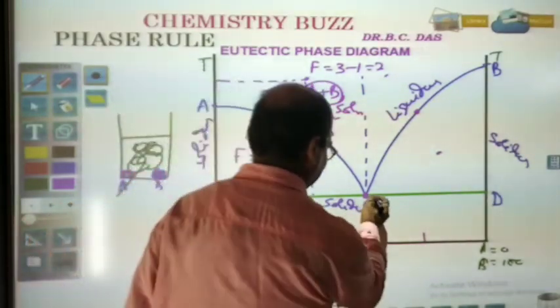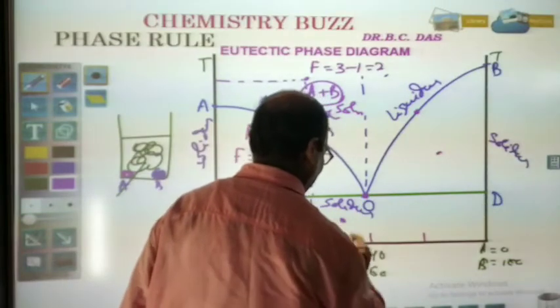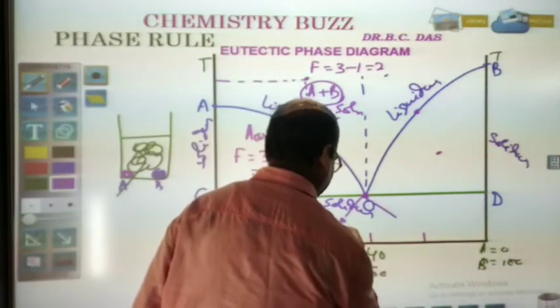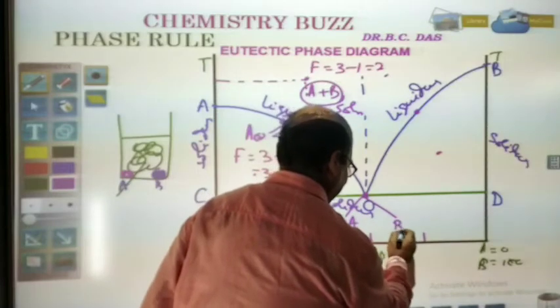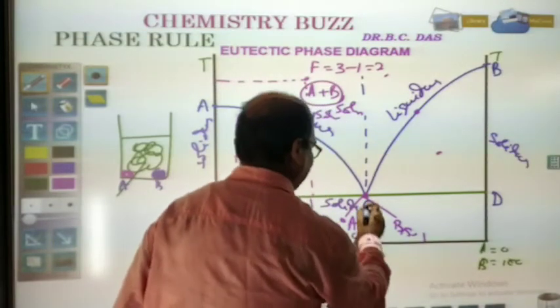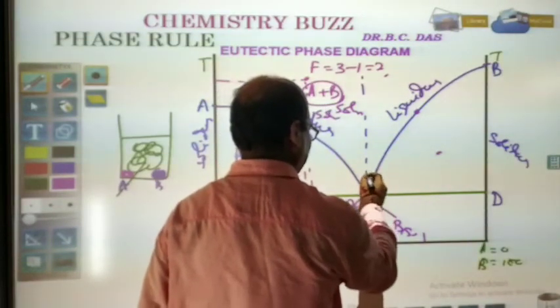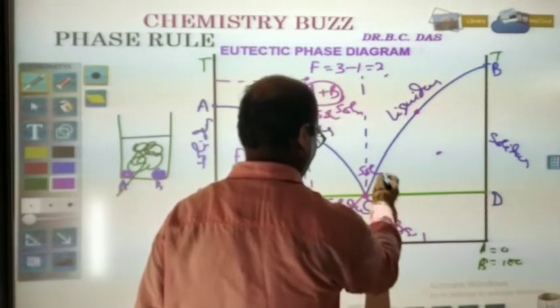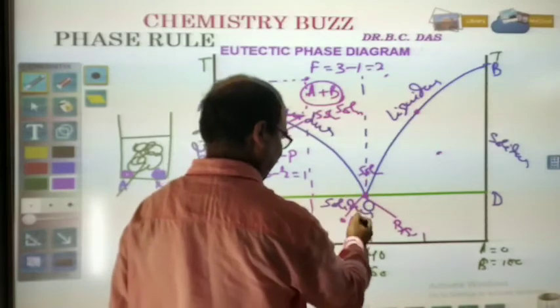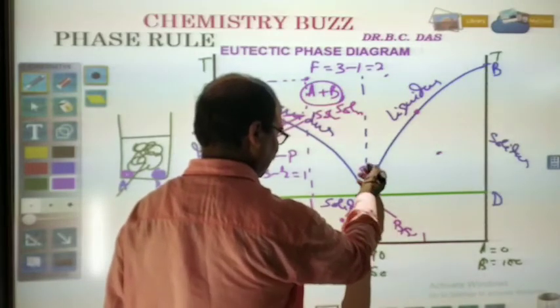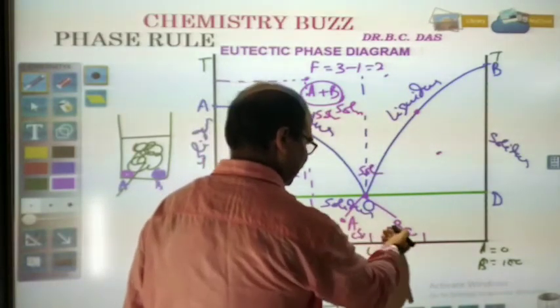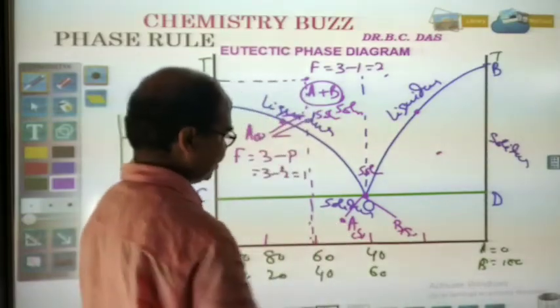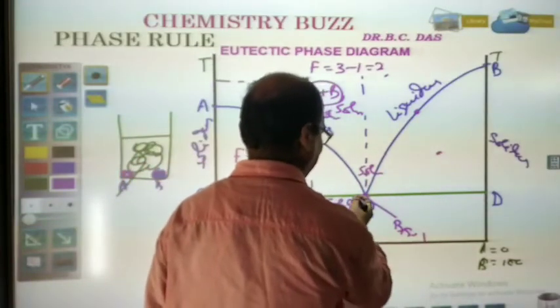Again, say this point. At this point we have two solids, solid A and solid B, and the solution of A and B. So three phases coexist, that is equilibrium between solid A, solid B and solution. The two different solids are two phases and the solution is one phase, so there are three phases.